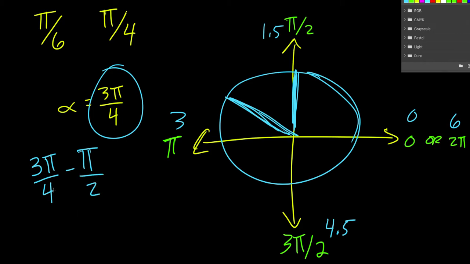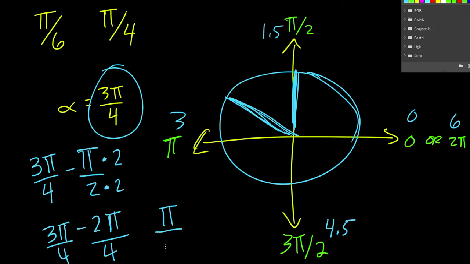And so to do that, I'm going to take this, multiply it by 2 over 2. And so we get 3 pi fourths minus 2 pi fourths. And that gives, if I do the subtraction, it's just pi fourths. So that means the angle from here to here is pi fourths.